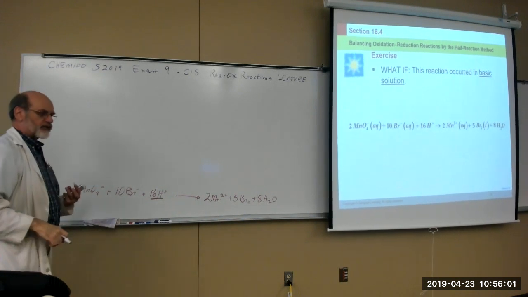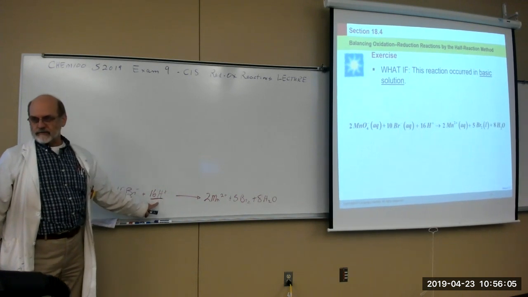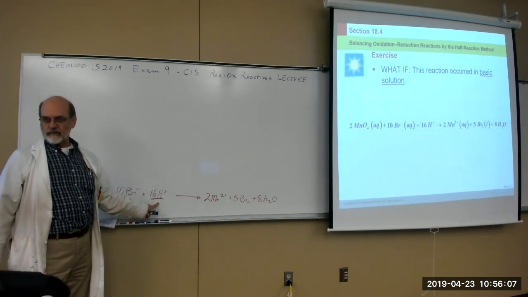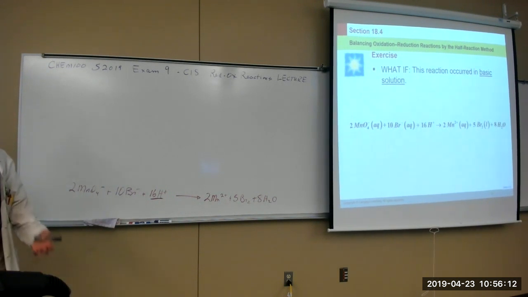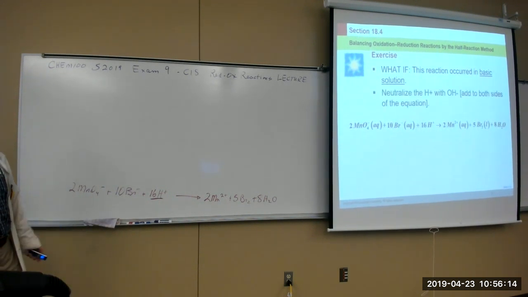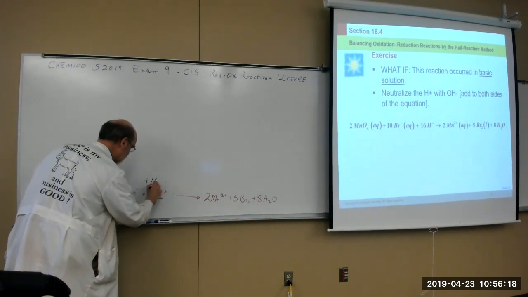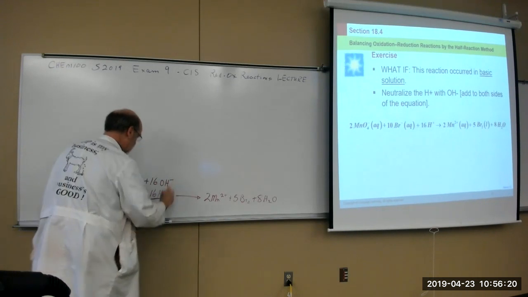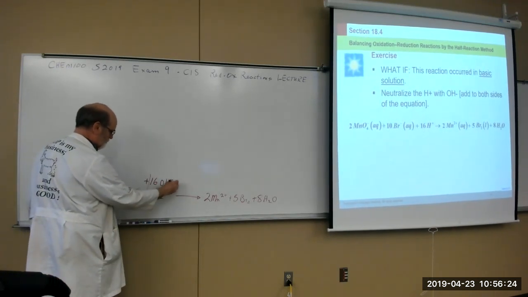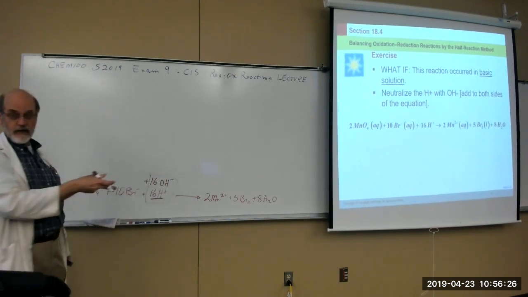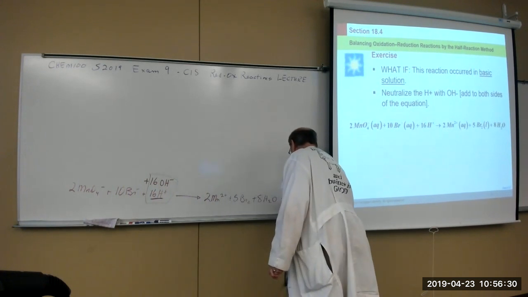So what we need to do to change it to a basic solution is get rid of all those hydrogens, all these protons. And you do that by reacting them with hydroxyls. Okay? So if we add 16 hydroxyls here, we have to do that same thing to the other side. So we have to add 16 hydroxyls over here.